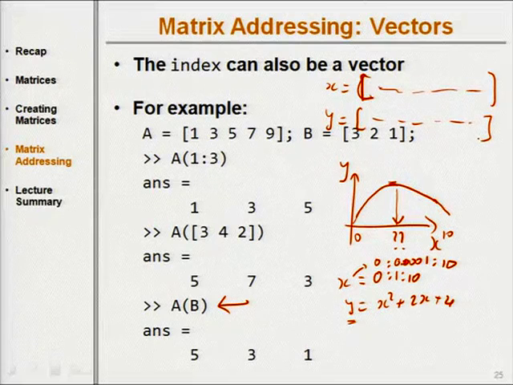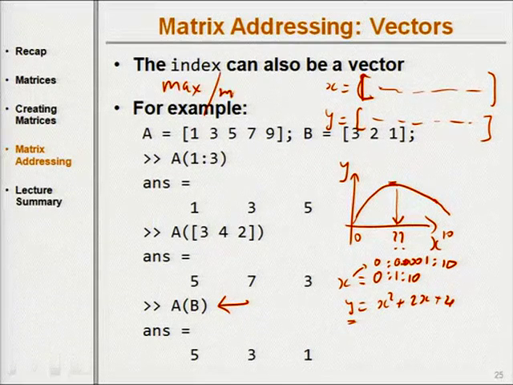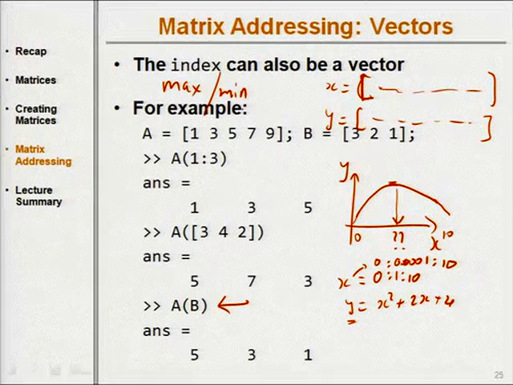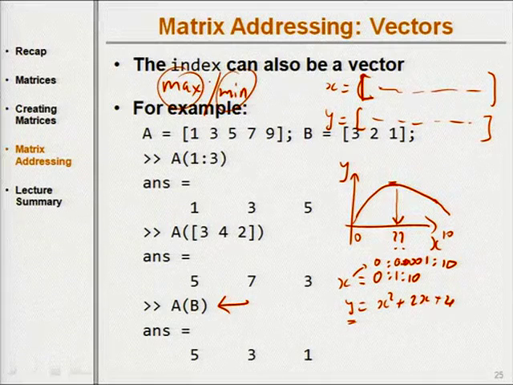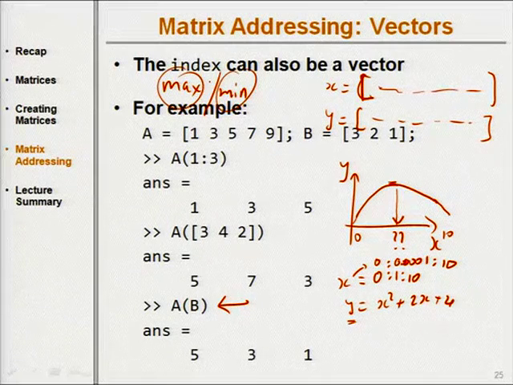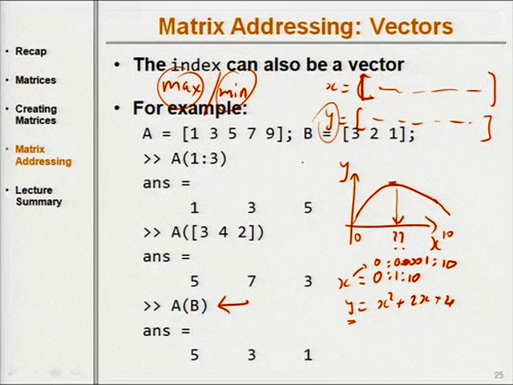So what we can do now is use a command called max or min. This is an inbuilt command, so you can guess what it will do. It will find the maximum of a vector. So if we do the max of y, it will give us the maximum value of y.